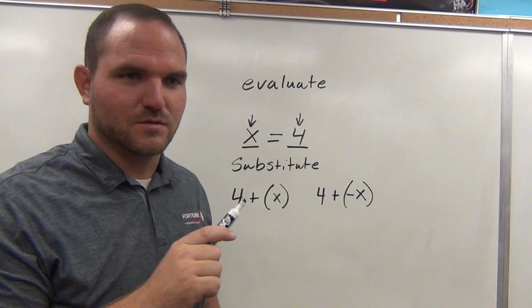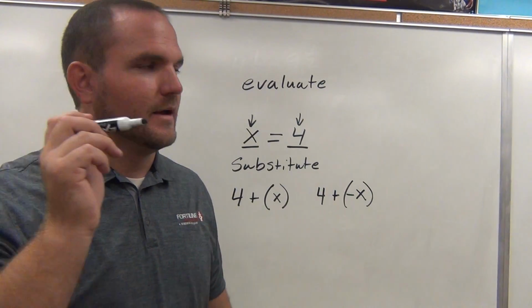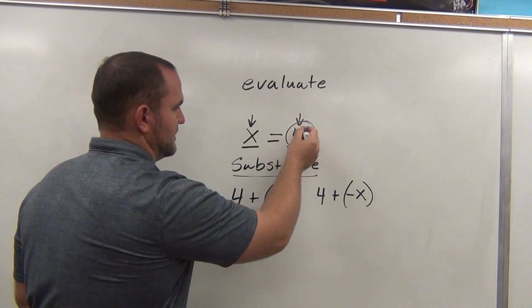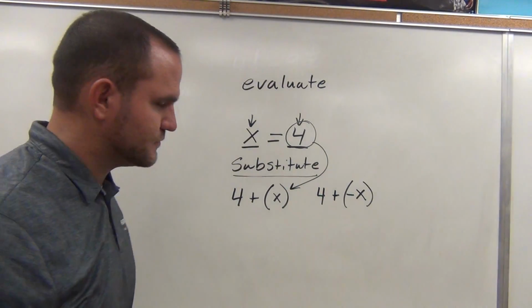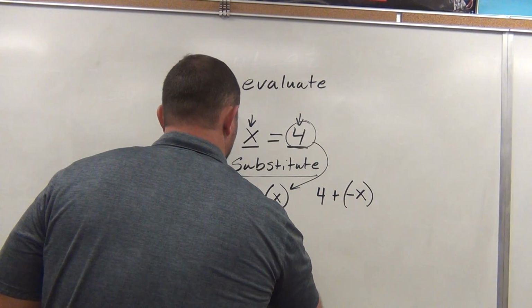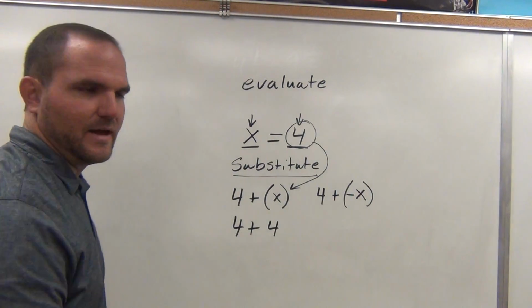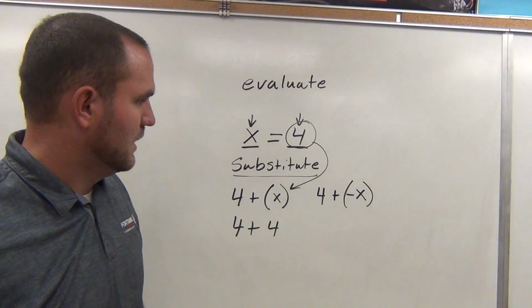You have a substitute in place of your normal teacher. So substituting in says that you're going to take this 4 and put it in that spot. So it would look something like that. Now you could solve that and so that would be 8.